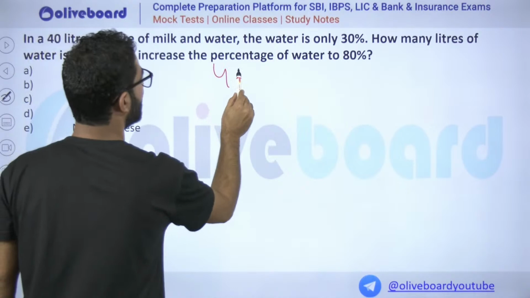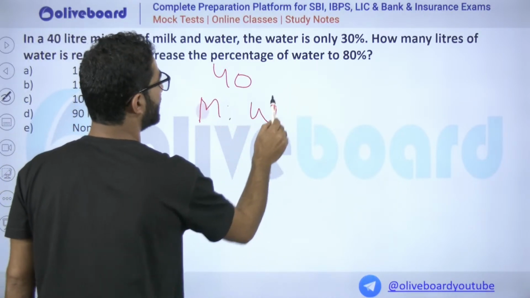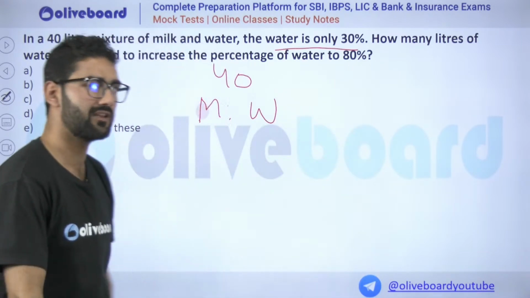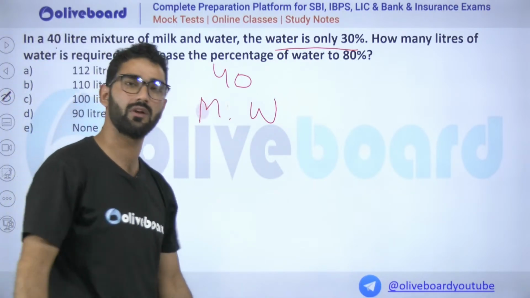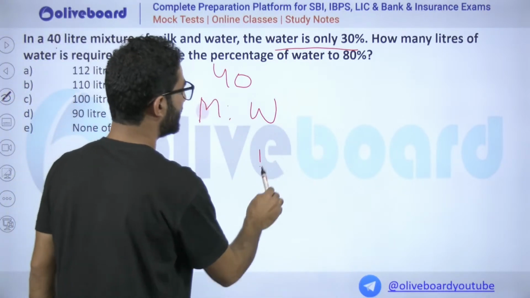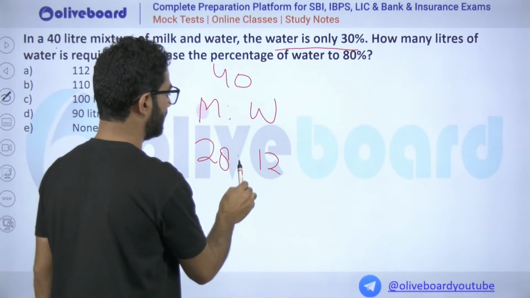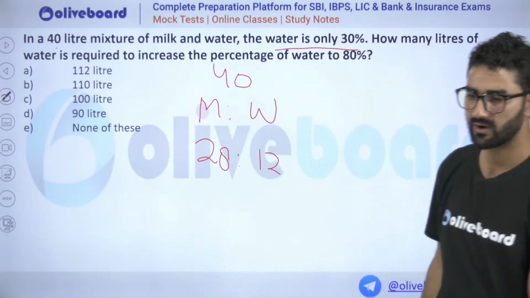So we have a 40-liter solution in which the contents are in the ratio of milk and water. First condition is that water is only 30%. What does it mean? 30% of 40 will be how much? 10% will be 4, 30% will be 12. So water is 12. If water is 12, how much will the milk be? This will be 28. Yes, my dear, it is 28.